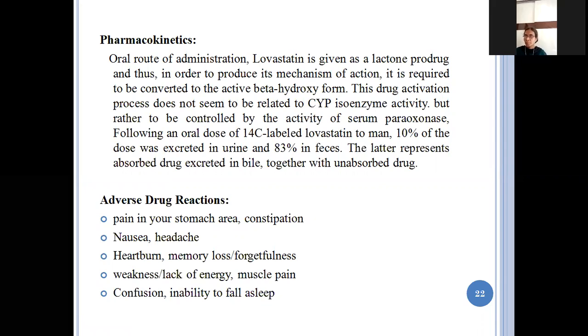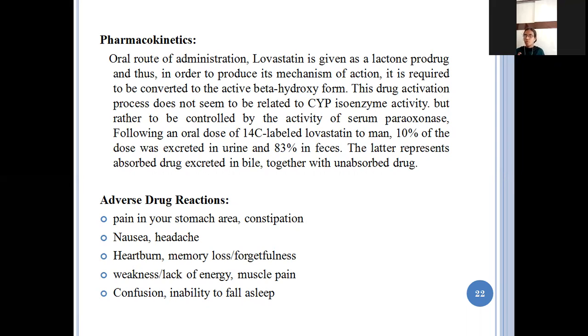Prodrug means before administration it is in the inactive form, and after the administration of the drug, it is in the active form. It is given as the lactone prodrug in order to produce the mechanism of action, and it needs to be converted to the beta hydroxy form. The drug activation process does not seem to be related to cytochrome enzyme activity, but is controlled by the activity of serum peroxidase.